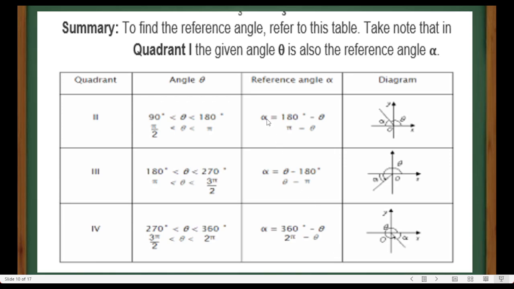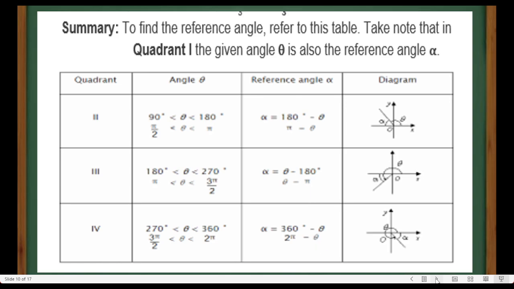The first formula, you use this if the given measure is in degrees. Now, if the measure is in radians, this is the formula you're going to use. Same thing with the angle whose terminal side is found in quadrant 3 or quadrant 4. So these are the two formulas. One for the degree measure and the other one is for the radian measure.